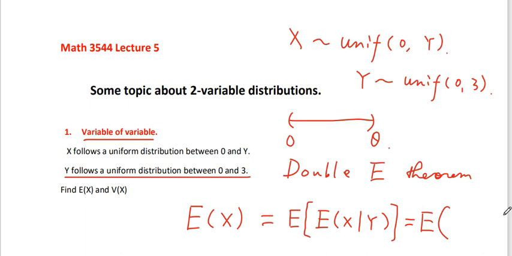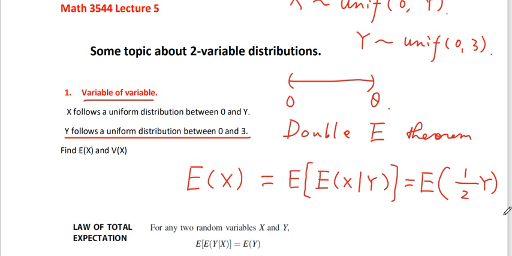We assume y is fixed, so the mean is the midpoint. So this is just half of y, right? Then find this expectation, y from 0 to 3. So y is just half of 3, so we say this is 3 over 4.